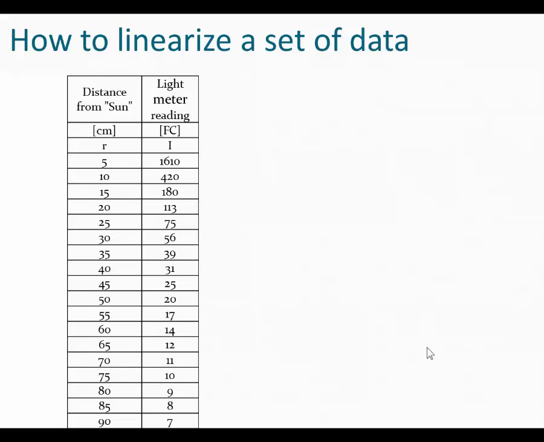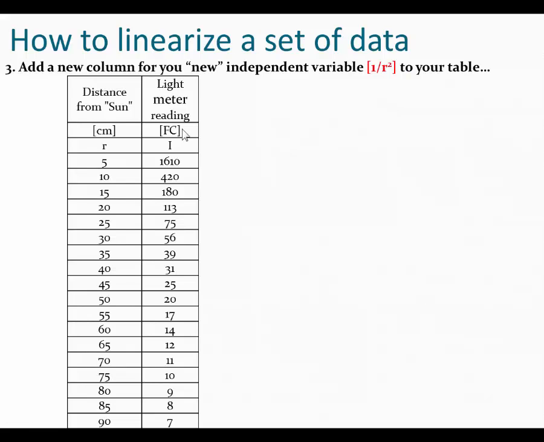All right, so the next step is to take our set of data, and remember, we really want to do this in meters and in lux, lumens per meter squared. So we're going to add a brand new column for our data, and this is our new x value, our new independent variable, which is going to be 1/r².